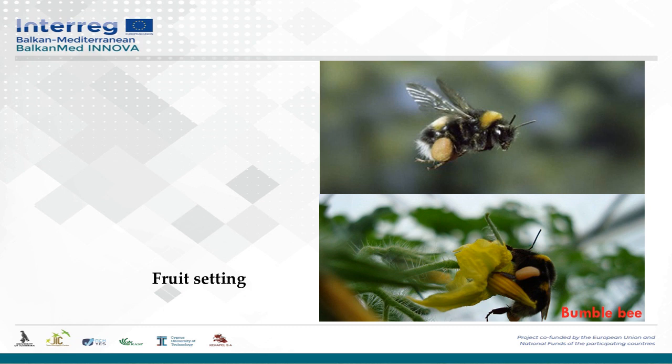And in addition, the tomato pollen grains are sticky and heavy, and they cannot be easily removed by air movements. And on top of all this, the stigma is hidden inside the tube of the pollen, so it cannot fall by air movements into the female organs.